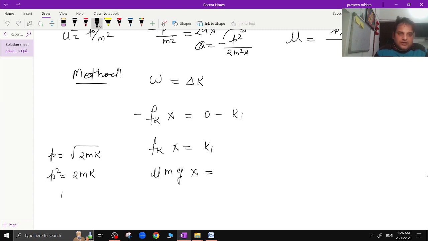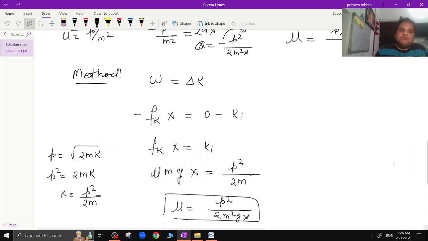So K is equal to P square by 2m. From here we can write initial kinetic energy as P square by 2m. So from here we can write mu equals P square divided by 2 m square g into x. Once again we are getting the same answer as we have done previously.